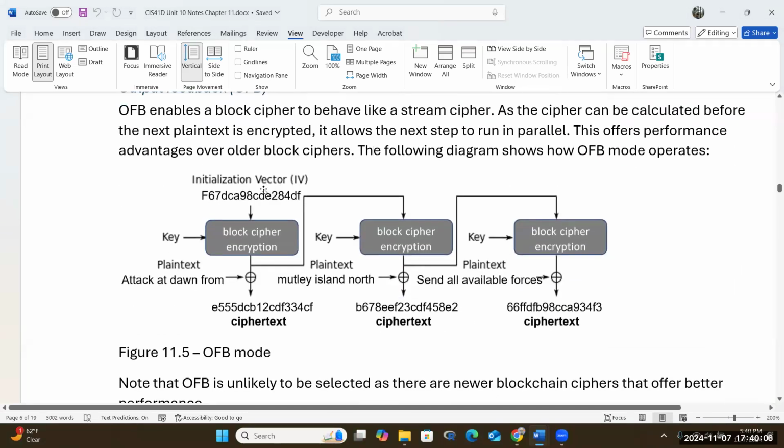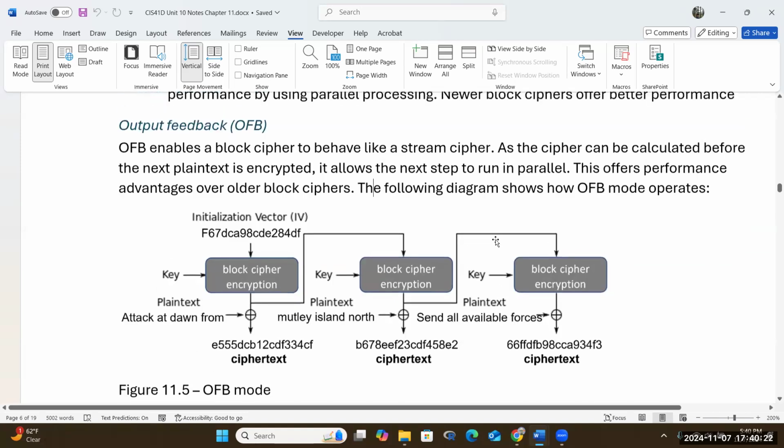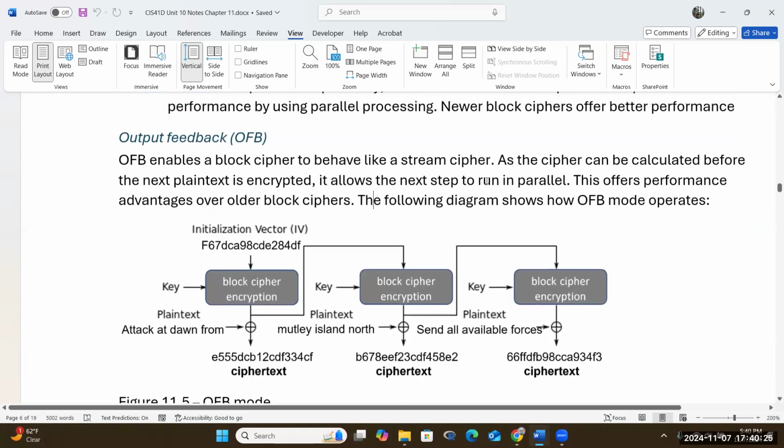You also see the IV, the initial IV is going to be input with the key in order to encrypt, output the encrypted text, right? And then you have the subsequent blocks. So the next step is going to be running parallel after the initial block. Okay, so it is faster.